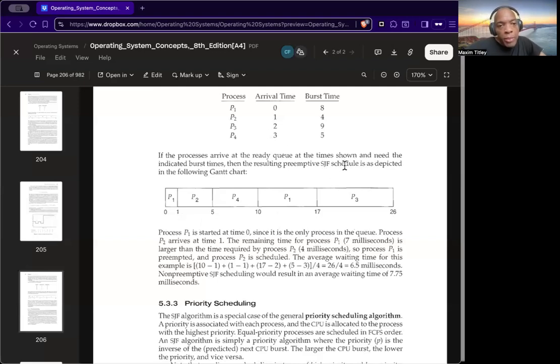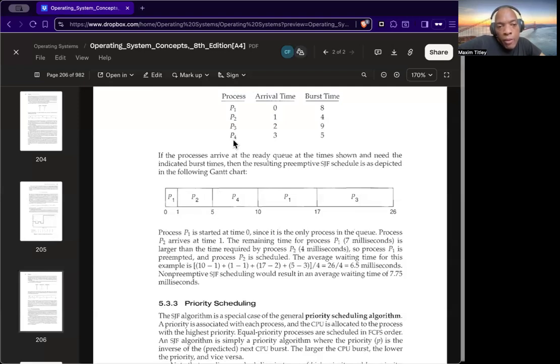So what does that mean right there? Well, process one then had to wait for the remainder of those burst times to finish. So process two was faster than process one. So instead, we executed the shortest remaining time, and that was 4 milliseconds. That brings us to the 5 millisecond part, right?